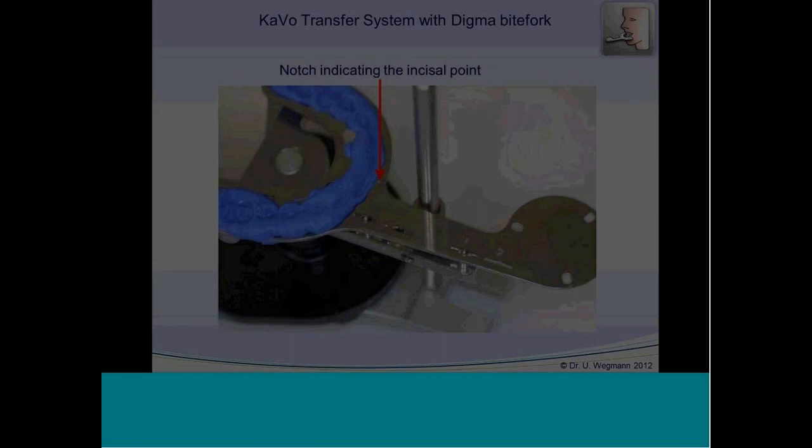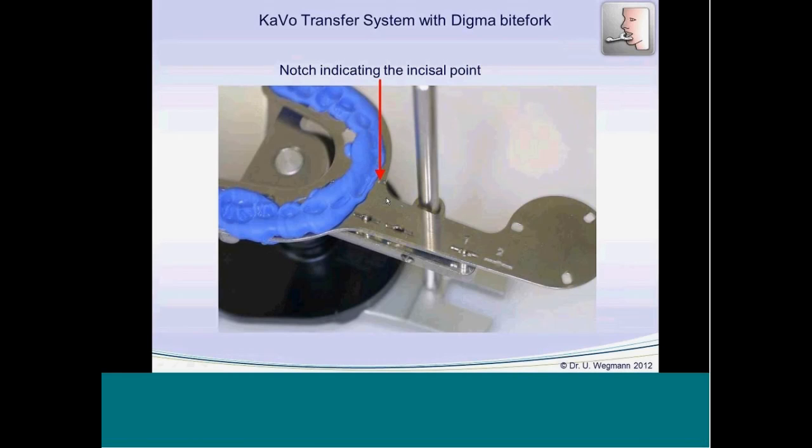What is this KaVo transfer system? It's a very simple system to transfer the position of the upper model into our articulator. For this, there is no need for any Facebow. The only thing we have to do is to use this bite fork, and this bite fork was set into the upper teeth of the patient with some registration material.